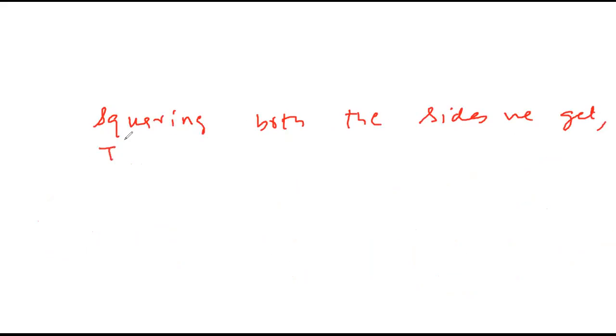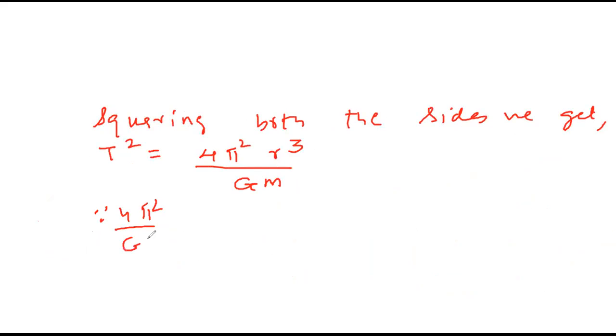Now squaring both the sides, we get T square equals 4 pi square into r cube upon G M. Since 4 pi square upon G M is constant, therefore T square equals constant into r cube.